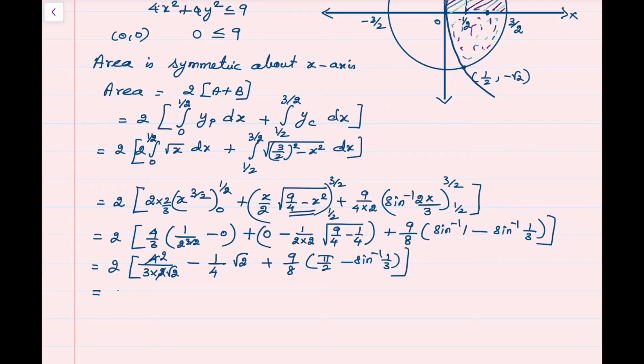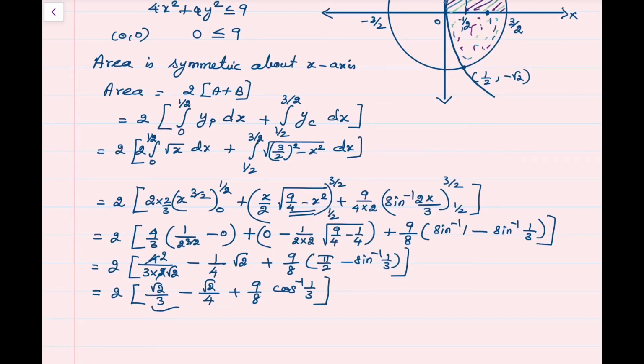We will simplify this. 2 divided by root 2 is root 2 minus root 2 divided by 4. 9 by 8 times pi by 2 minus sine inverse can be written as cos inverse of 1 by 3.